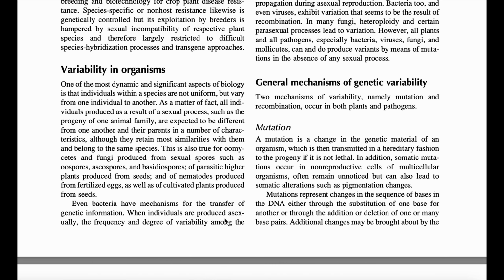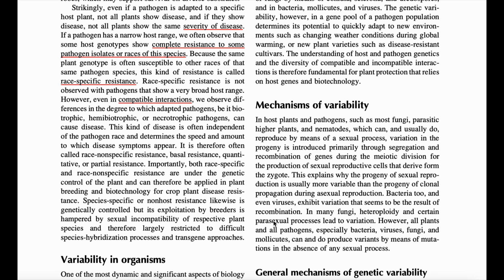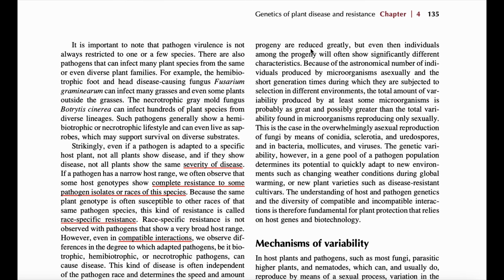When individuals are produced asexually, the frequency and degree of variability among the progeny are reduced greatly. But even the individuals among the progeny will often show significantly different characteristics because of the astronomical number of individuals. What is this astronomical number?